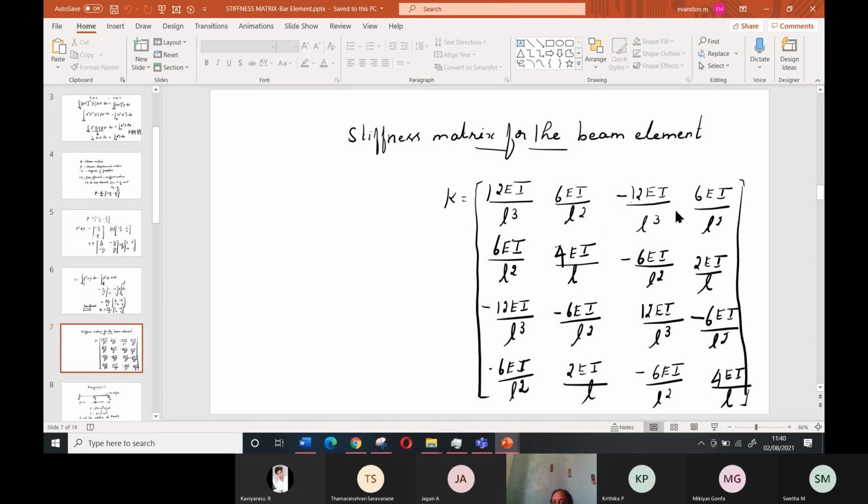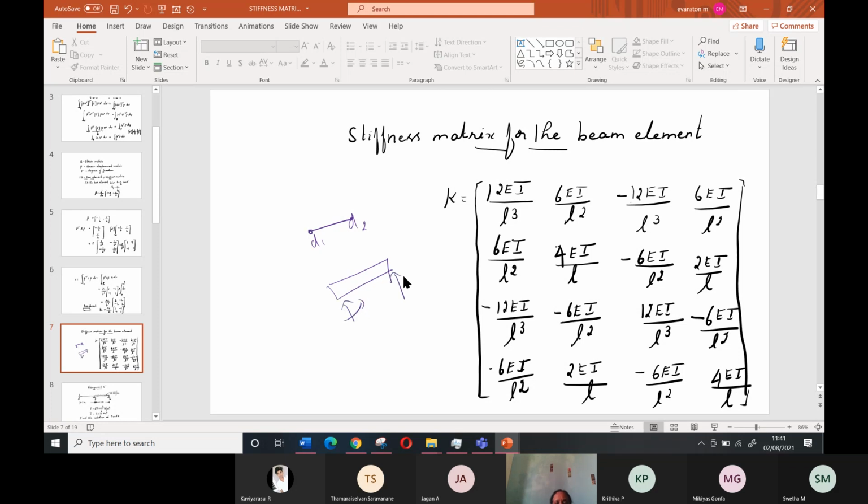If you take the bar element, only two nodes are there, and the displacements are d1 and d2. If you take the beam element, you will have the vertical displacement and the rotation.